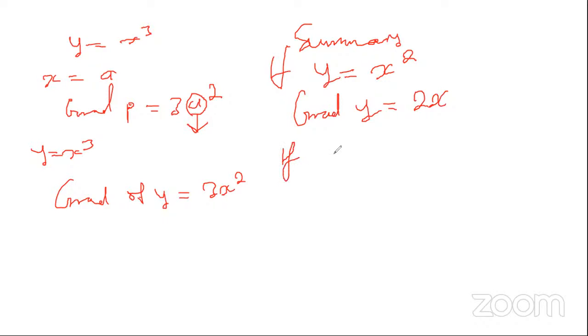Then if y is x to power 3, the gradient of y would be 3x to power 2. Is there any relationship we can see, or any conclusion we can make given these two?